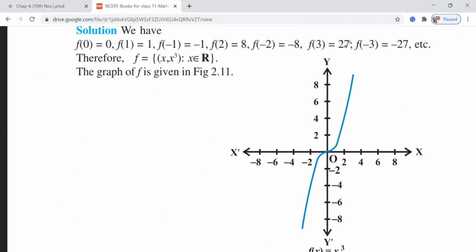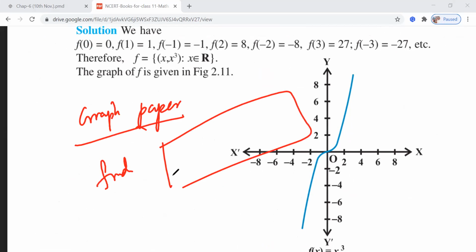So today's homework for everyone. Take a graph paper and find the cubic polynomial and everything. Draw the table and do for x cube and x square.